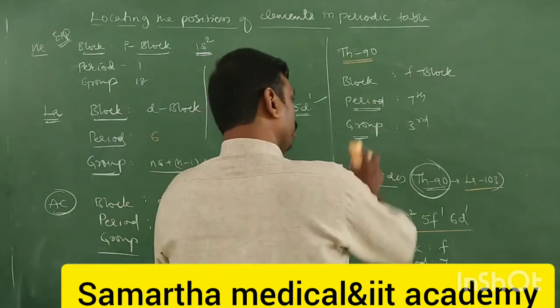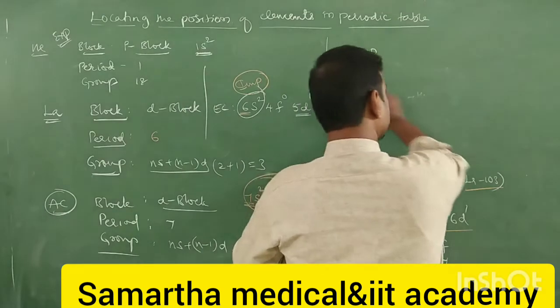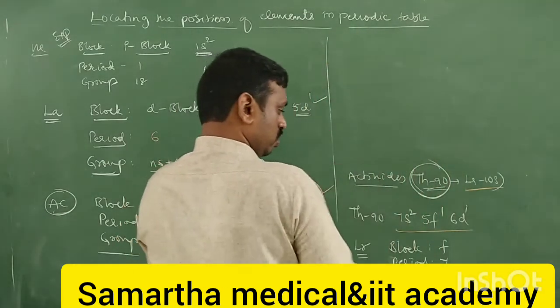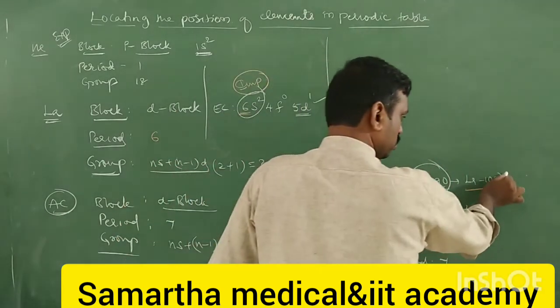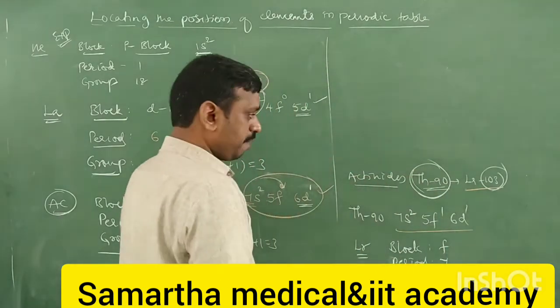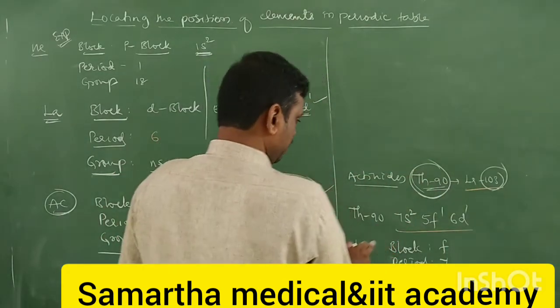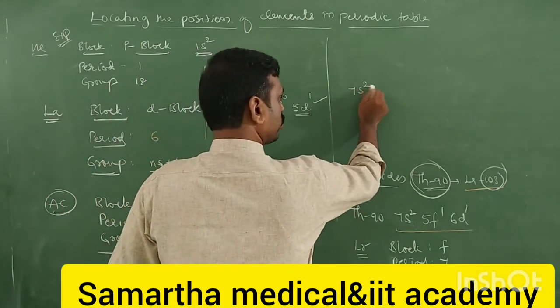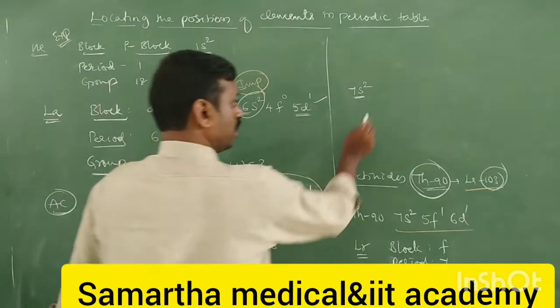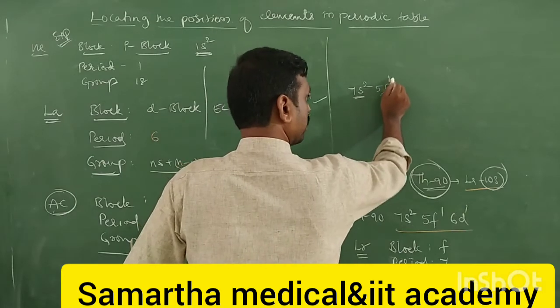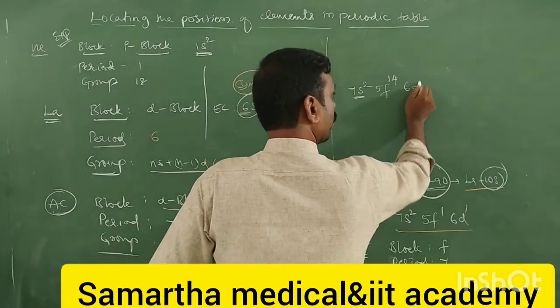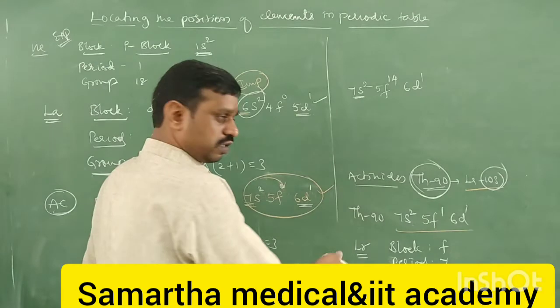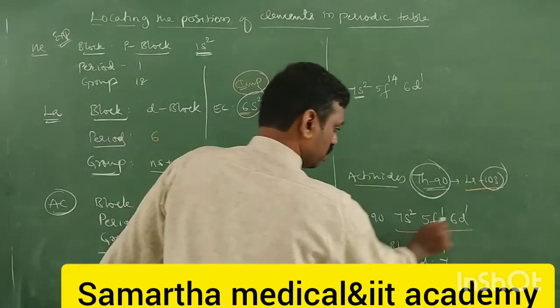Then if you want to write the electronic configuration, that is also important. So it is 103, no? 103. So remember again, this is the electronic configuration: 7s2 as it is, 5f14, 6d1. That means this is the last element, no?